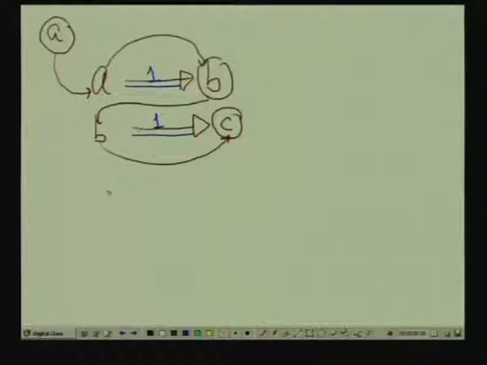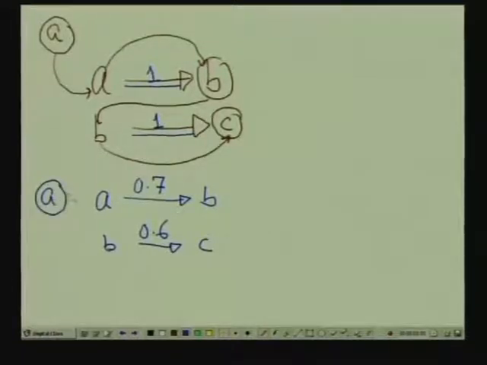But now, if I say that A implies B with some certainty 0.7 and B implies C with some certainty 0.6, with some belief 0.6, and I know A, then obviously the strength of belief with which I know B is less than it was here.